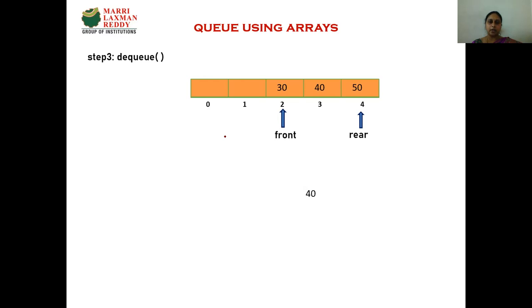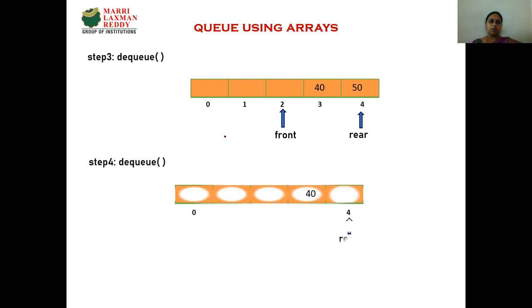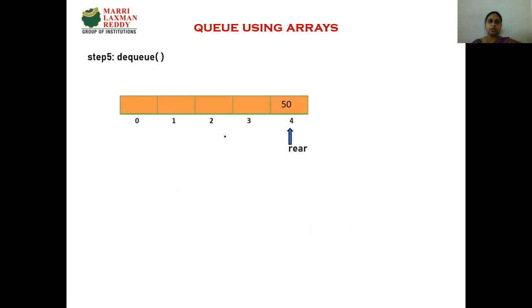Increment the front value, delete the element. Next, increment the front value, and 40 is deleted. In the next situation, front is pointing to 50 and rear is also pointing to 50. Now I delete this element. Now the queue becomes empty.